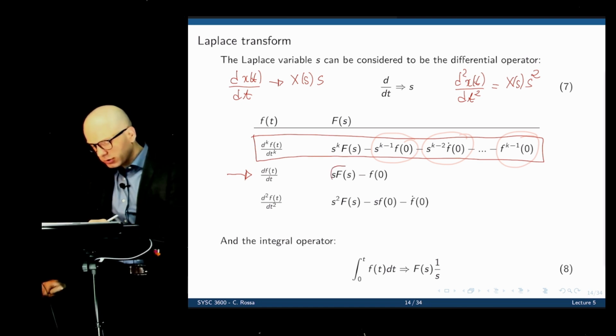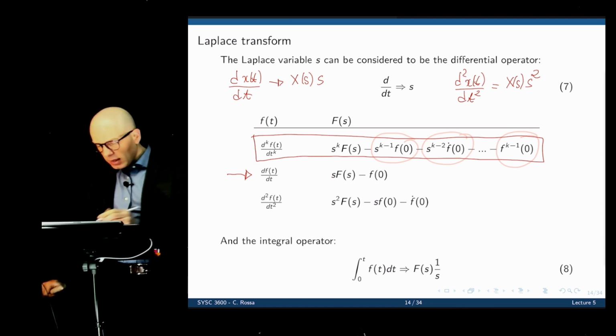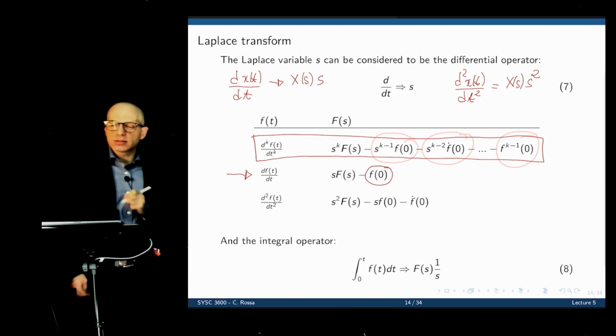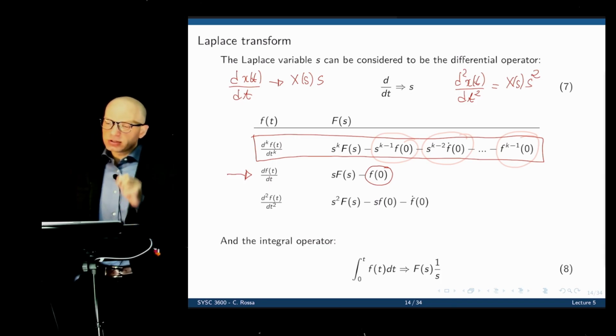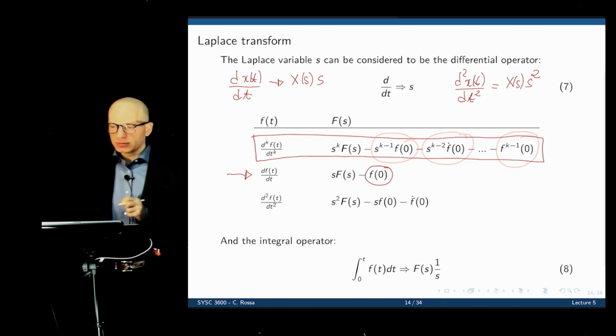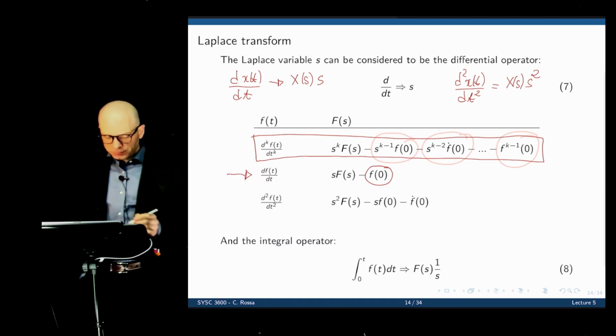So now this corresponds to the speed, minus the function at time 0, the value of the function at time 0. In this particular case, it would represent the displacement at time 0 of the mass, if f of t is the displacement of the mass.